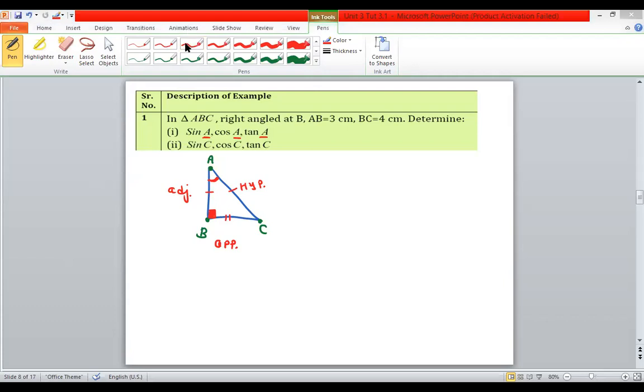Now we have two sides given. The first side is the length of AB. The value of AB is 3 centimeter. Then BC is given. It's 4 centimeter.